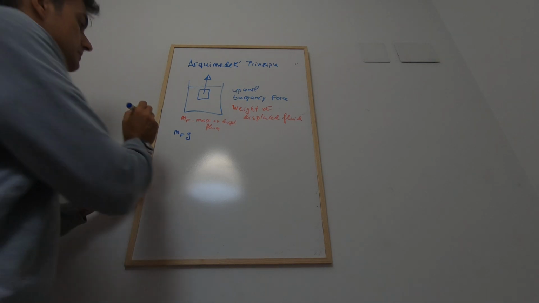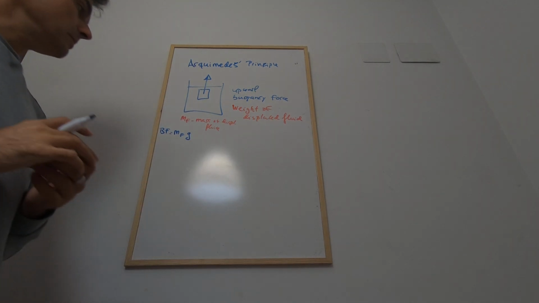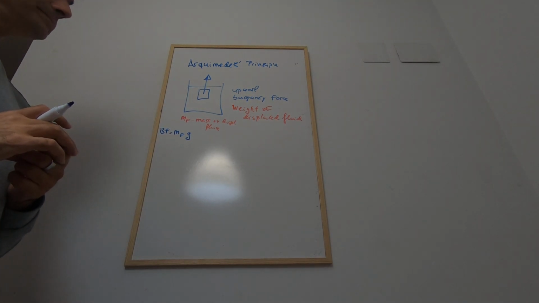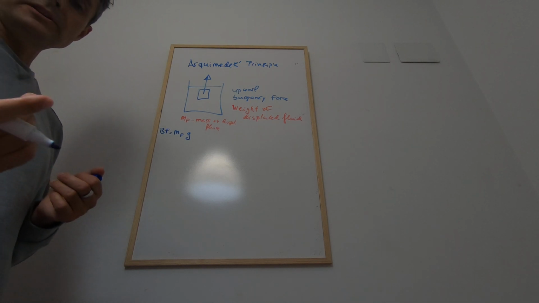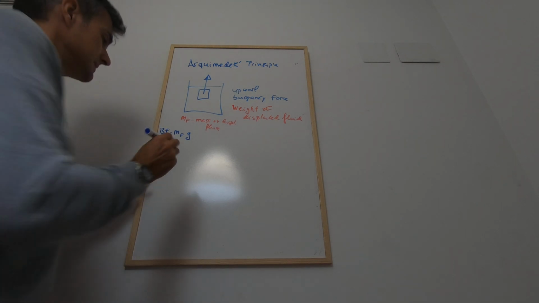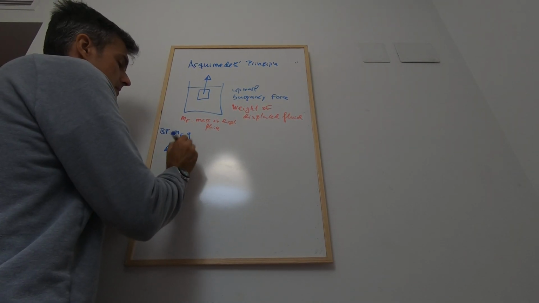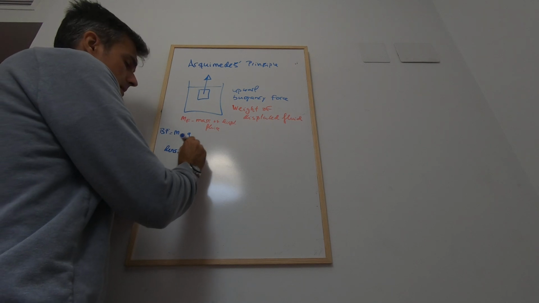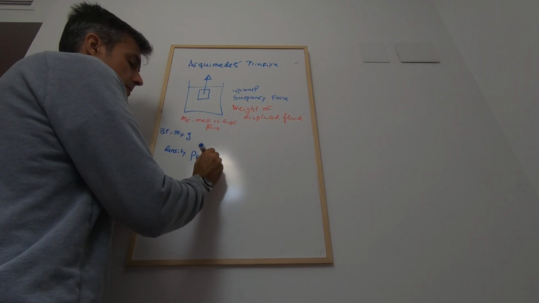Yes, this is the buoyancy force. Call it BF. Can we work a little more with it? Yes, we can. We can apply, for instance, the definition that we saw about density. Density of displaced fluid is the mass of displaced fluid divided by the volume of the fluid.